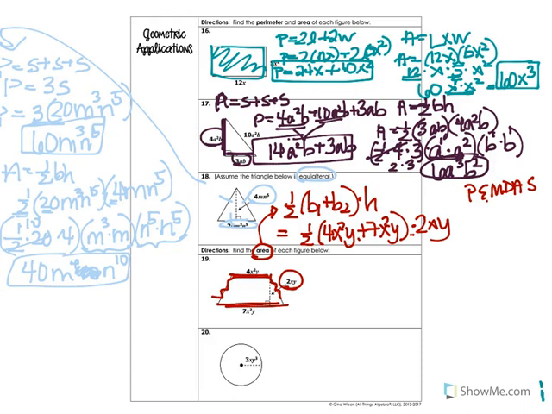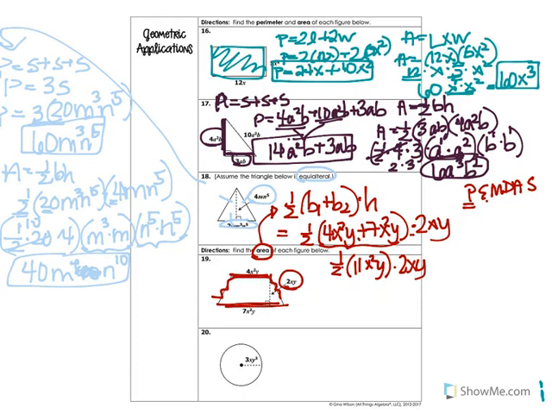So first we have to do our parentheses. So I'm going to add my like terms here. Now they are like terms because they're both x to the second and the y to the first. So here 4x squared y plus 7x squared y gives me 11x squared y. And then we have times 2xy here, okay?